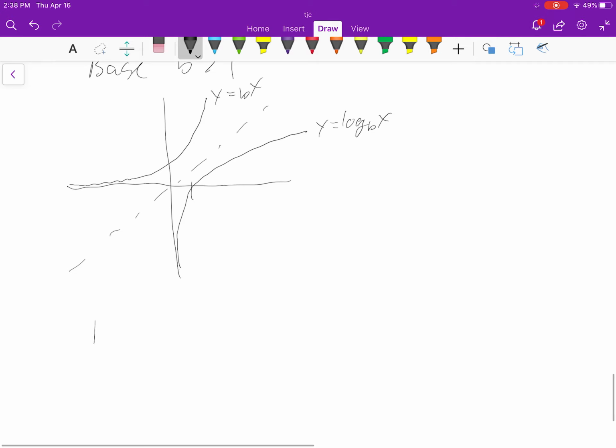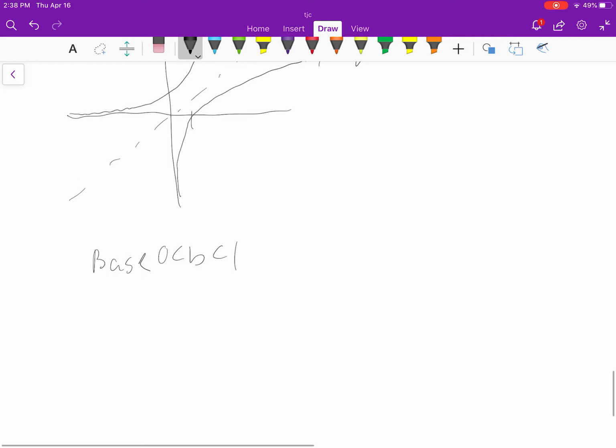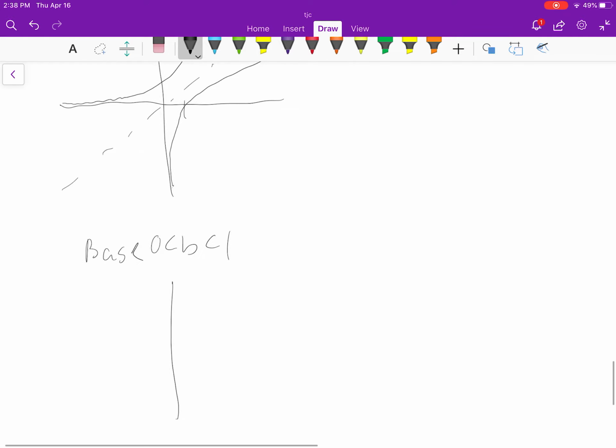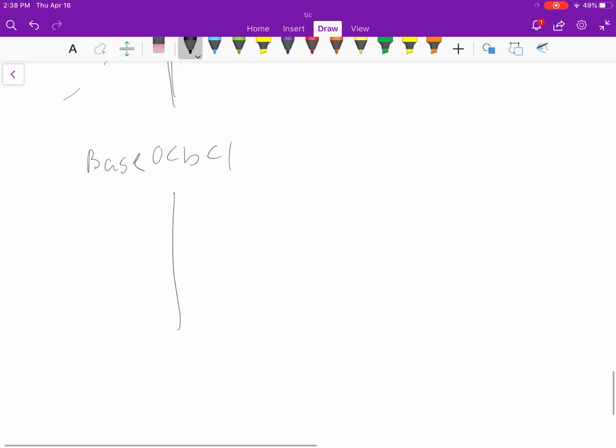Now what about if the base b is between 0 and 1 somewhere? Well, remember for our exponential, they are descending like this.